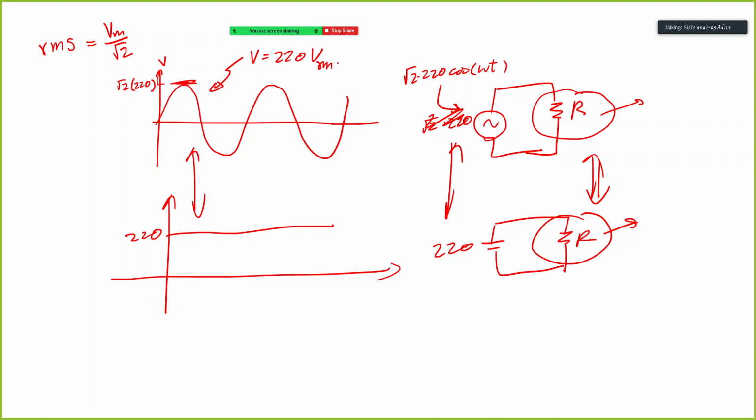This means the RMS value, right? RMS value is the peak signal divided by square root 2 here, right? So this is in fact about 311 volt, for example. 311 volt will have the RMS value of 220 volt and 50 hertz, for example, here.